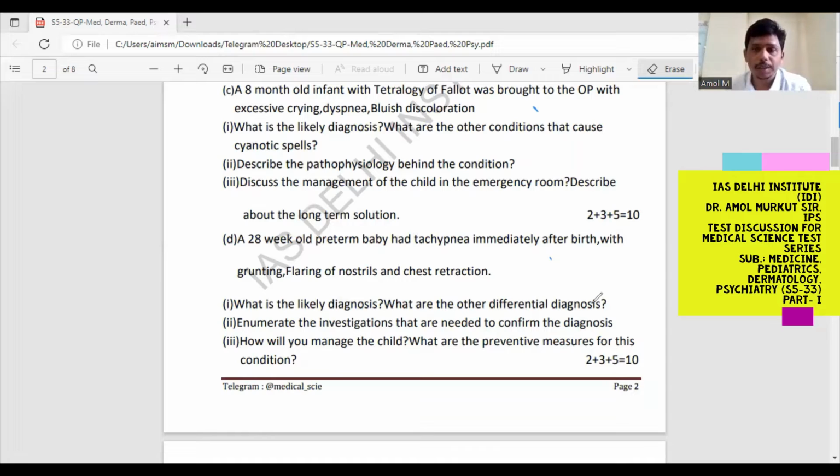These are the conditions which can be differential diagnoses of respiratory distress syndrome.